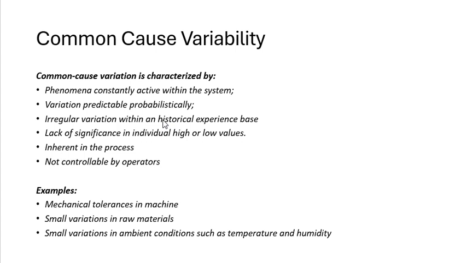Examples are mechanical tolerances in a machine, small variations in raw materials, and small variations in ambient conditions such as temperature and humidity. Of course, we're coming back to the manufacturing world, so we're leaving the human examples aside. These belong to the manufacturing world examples.